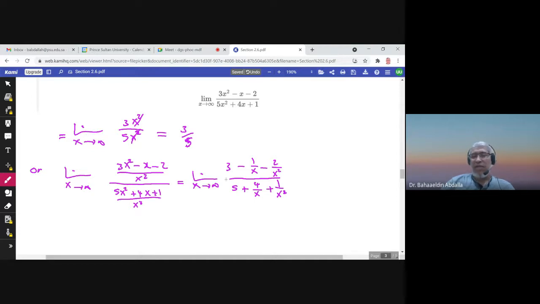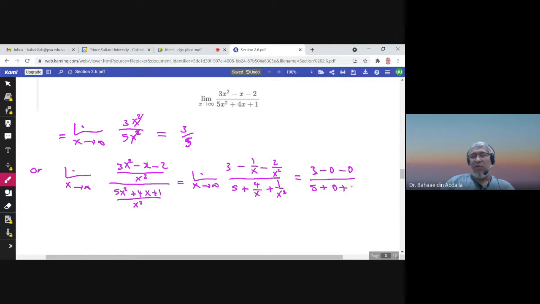And now you can distribute the limit. So the limit of 3 is 3. The limit of 1 over x when x approaches infinity is 0, as we have seen, 1 over infinity is 0. Also 1 over x to the power r, 2 over x squared, the limit is 0. So here 0, here 0. And the limit of 5 is 5. 4 over x, the limit when x approaches infinity is 0.